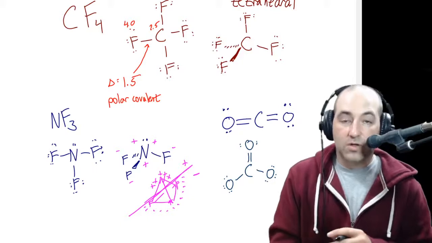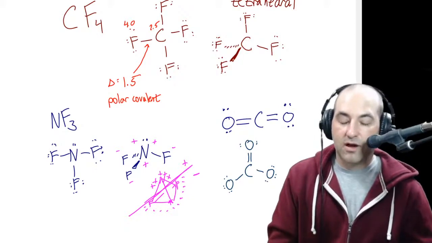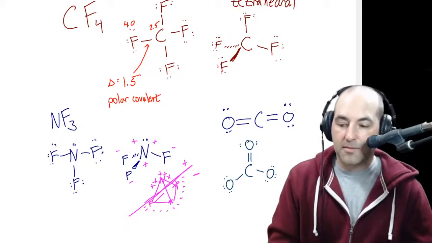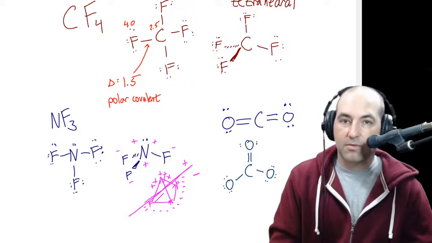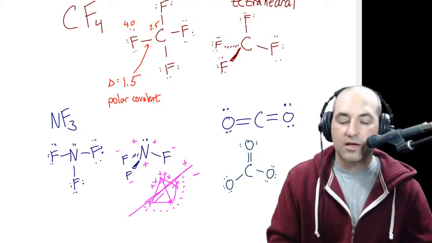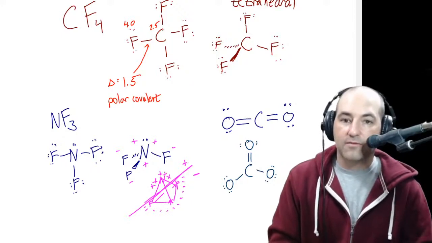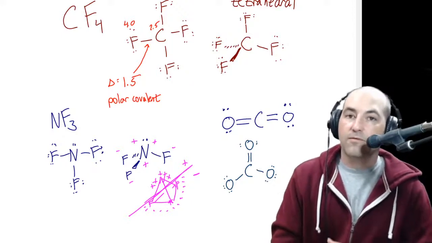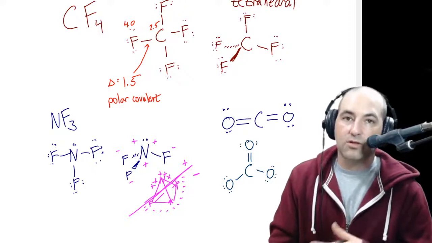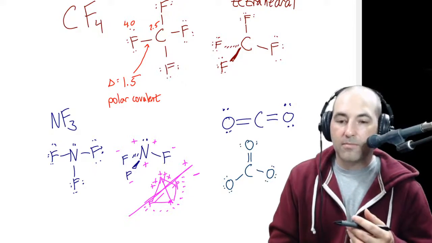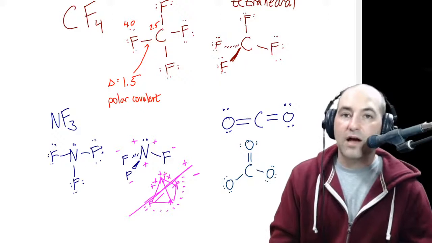So next week's going to be our first exam. I'm still trying to figure out the best way to do that. I think I'm going to end up giving people some options of how you want to take the exam. But in preparation for that, because we've just dealt with a lot of new stuff, from the naming to the Lewis structures and the polarity, I'm planning next week not to have new material.